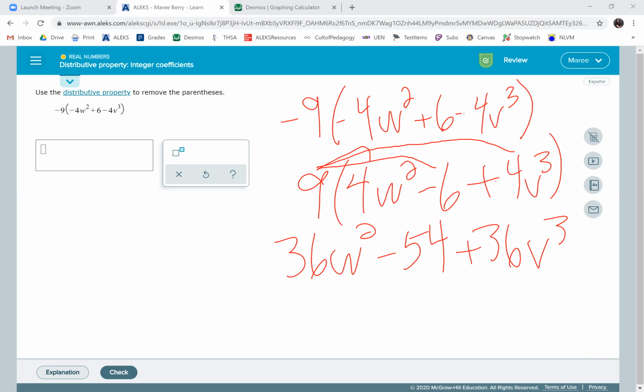And that's going to be your answer. So we'll start with 36w squared. And then minus 54, and then plus 36v to the third power, or v cubed.